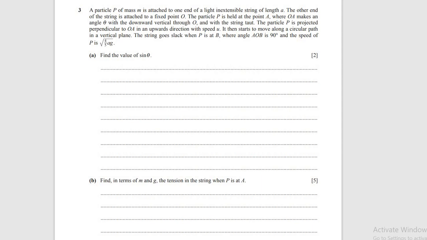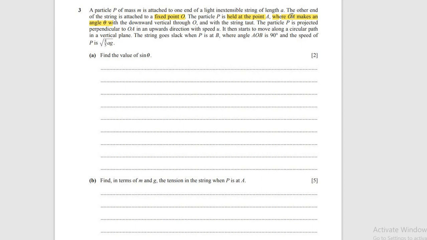The other end of the string is attached to a fixed point O. The particle is held at a point A such that OA makes an angle of theta with the downward vertical through O, with the string taut.